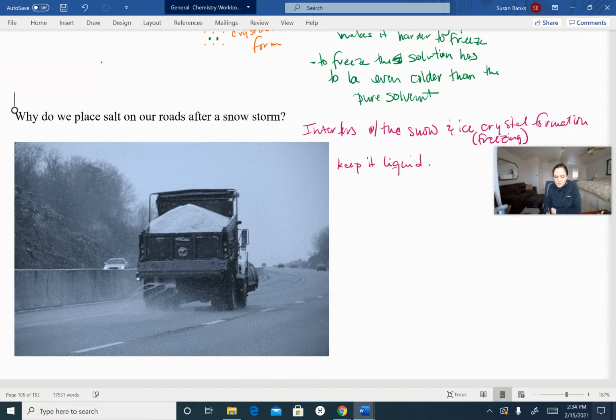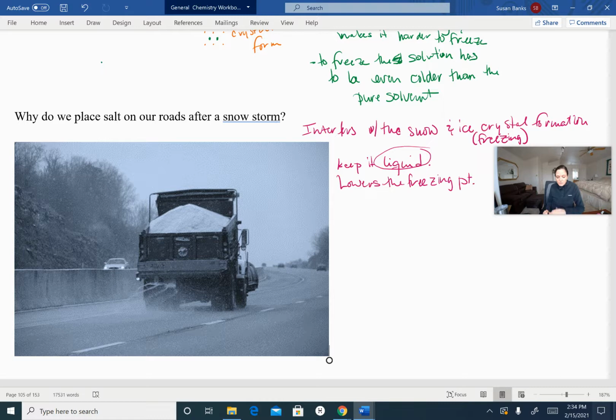Okay, so it lowers that freezing point. And keeping that snow or ice liquid makes it so much safer for us to drive.